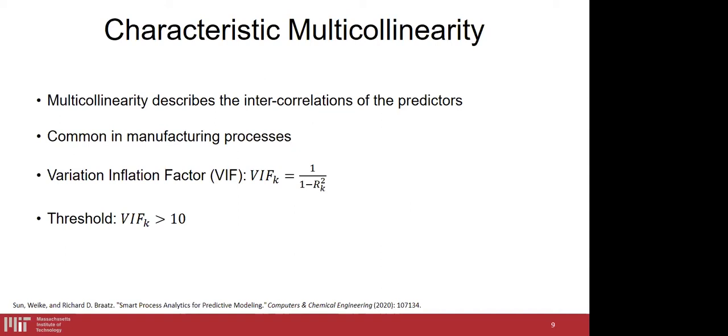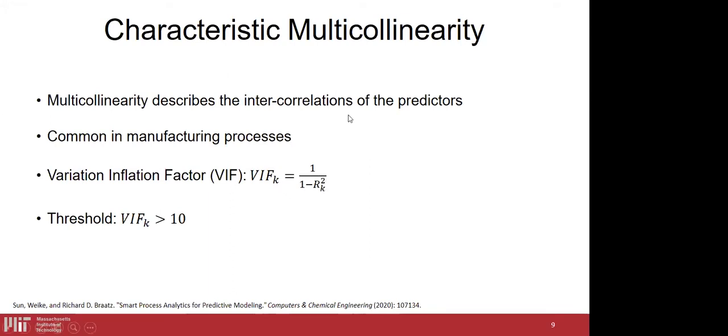So what is actually happening is that I calculate the so-called variance inflation factor for each of the inputs. And that is, I'm trying to regress one of my inputs based on all the other inputs. And then I just calculate the R² value of that regression.